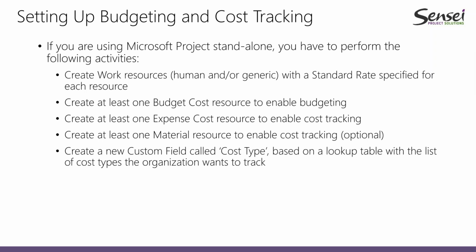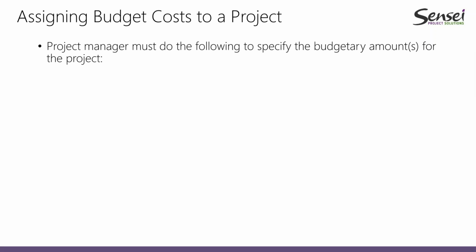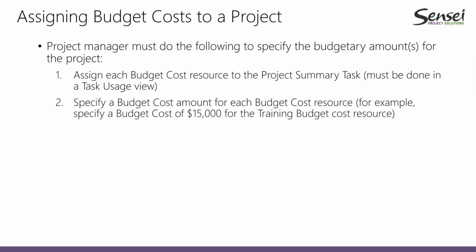So after we create all of our resources, what we have to do is assign budget costs to a project, and this is done by assigning the budget cost resources to the project summary task. So I will tell you and I will show you how to do this.